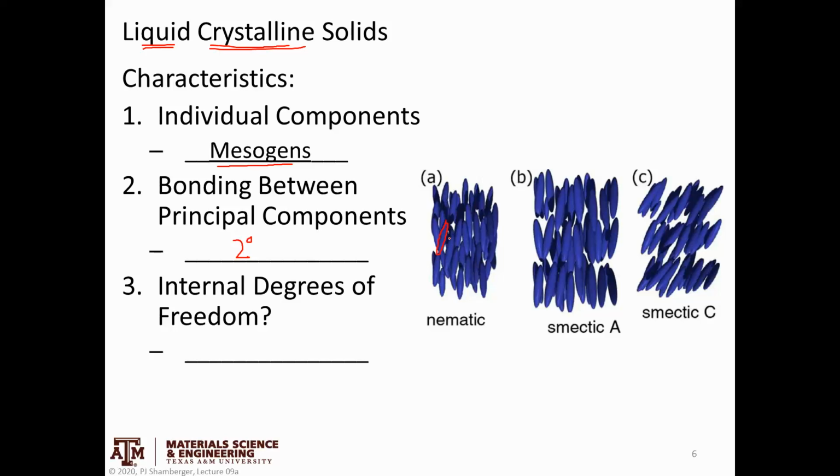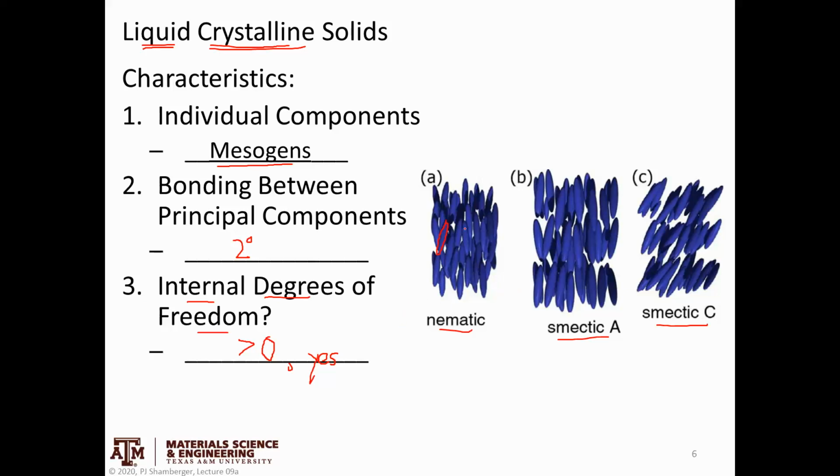That means there are not these stronger, more rigid primary bonds, but that gives it the property that now we can start to introduce internal degrees of freedom. I'm just going to say greater than 0, or yes, at this point. We're going to talk about these different liquid crystal structures because they have different numbers of internal degrees of freedom.